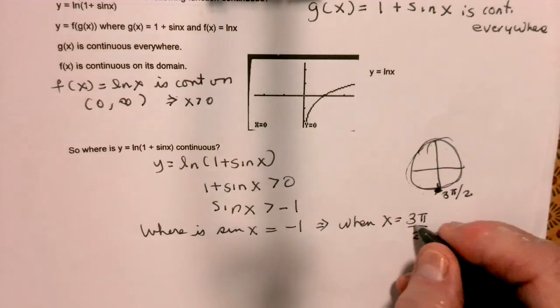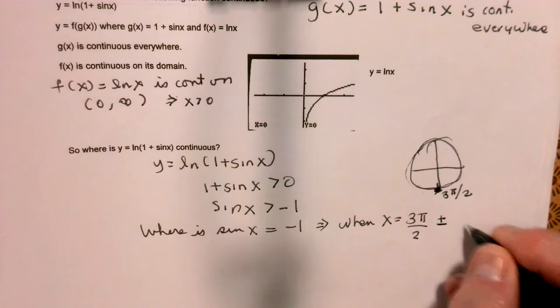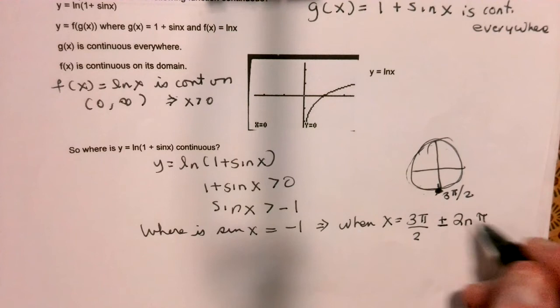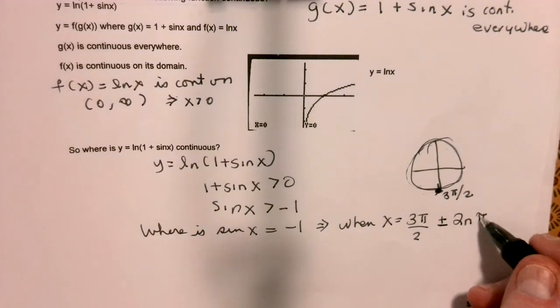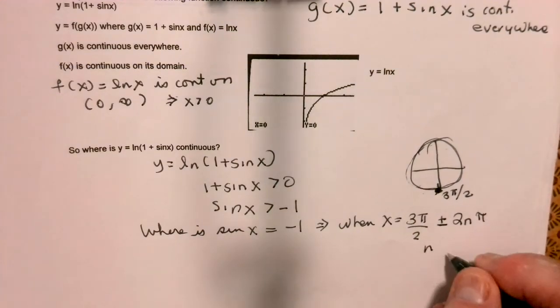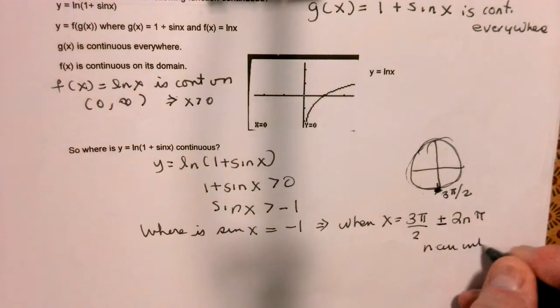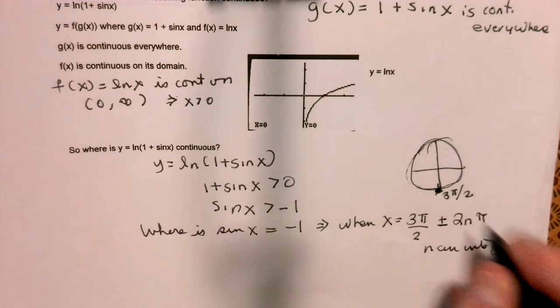So you have to write it like this: plus or minus 2n pi. That takes care of any multiple of 2 pi, as long as n is an integer.